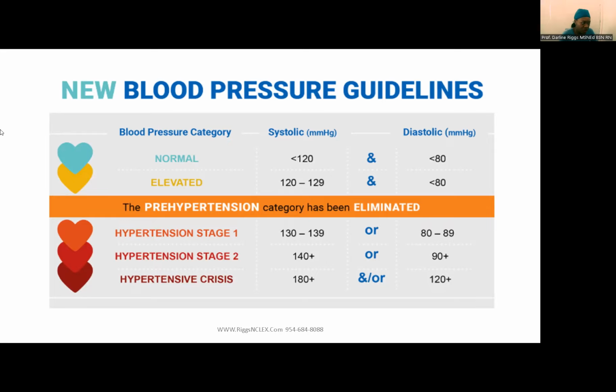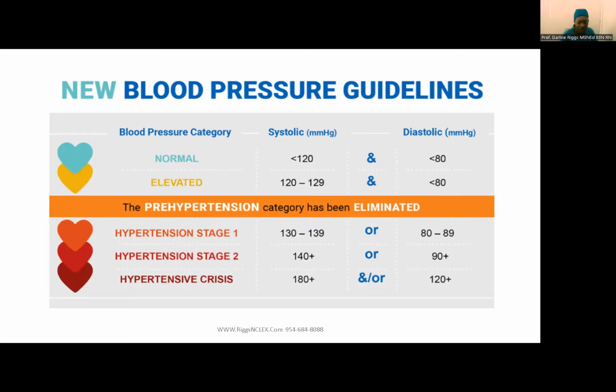That's important too. But you're considered to have elevated blood pressure once you're between 120 through 129 systolic and under 80 diastolic, but we do need to establish the person's norm. Now, there are different levels of hypertension, or stages rather, is the proper term, stage 1 versus stage 2.